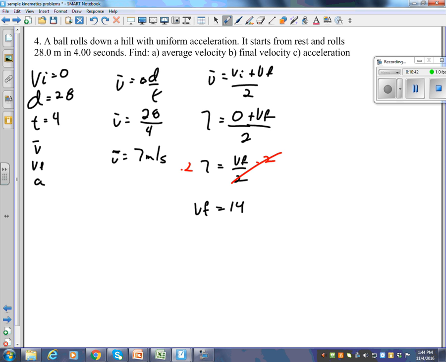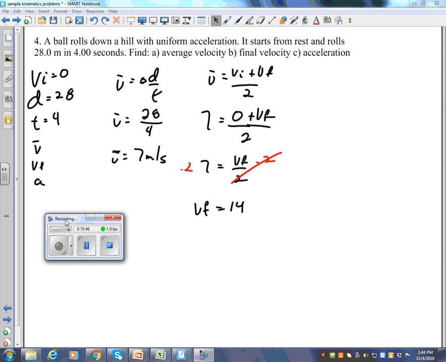Now, acceleration. Pencils down. Do not write this. A equals delta V over delta T. Is VF the same as delta V? No, it's not. One is the final and one is the change.